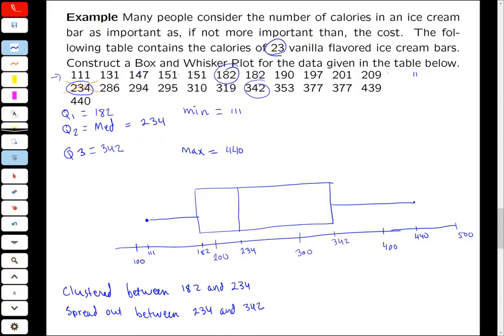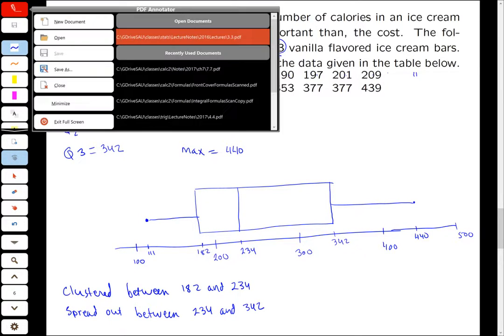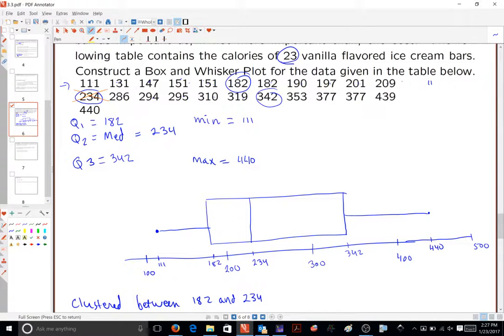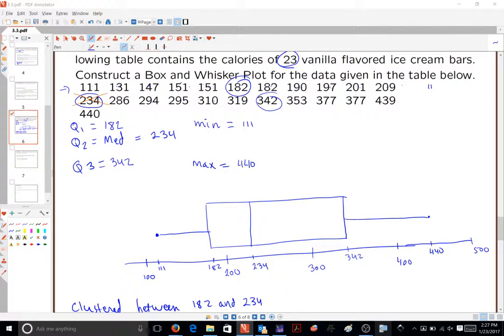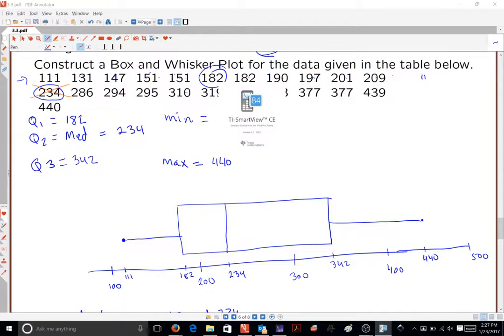Okay, now what you want to know is for me to show you how to do this on the calculator, which I really don't have to do because you know where all this information is. But let me put the calculator up. Okay, go to Stat.